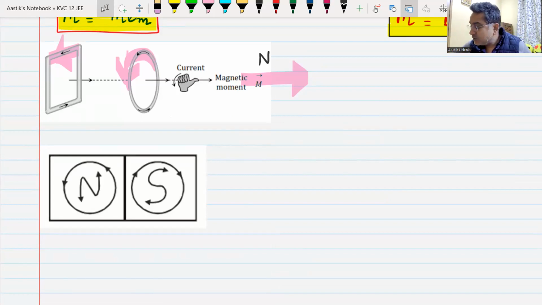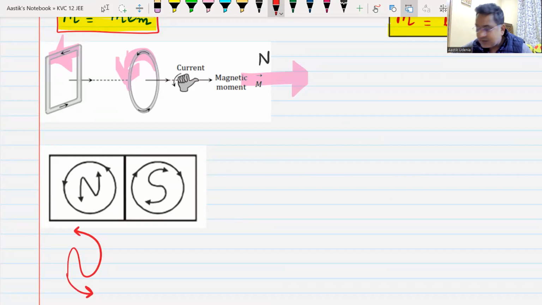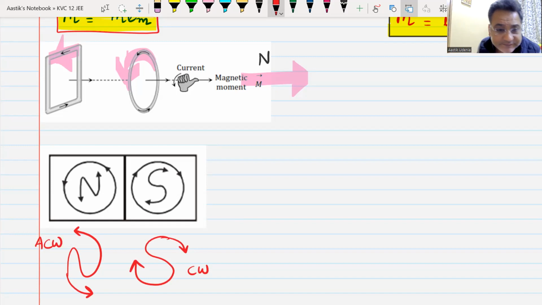You can write the north pole's N in this fashion. So if you see an anti-clockwise current in a coil, the north pole of the magnet is pointing towards you. If you see clockwise current in a coil, the south pole is pointing towards you. So clockwise current means south pole, anti-clockwise current means north pole. Do we understand this north-south analogy?